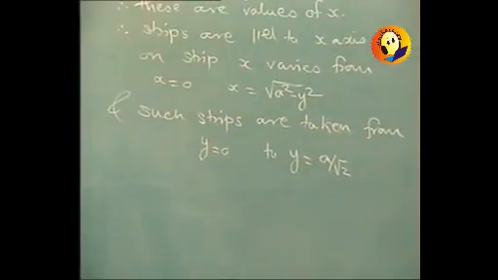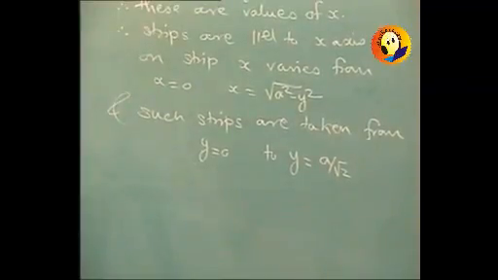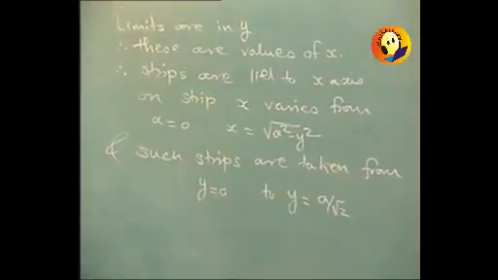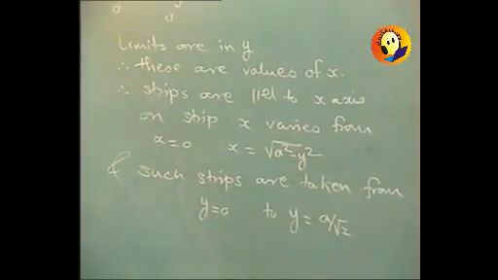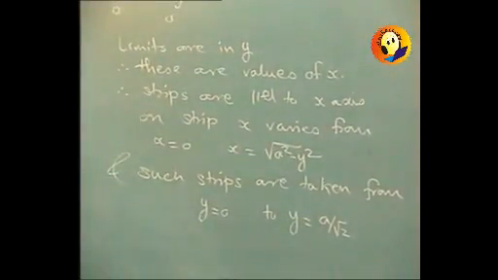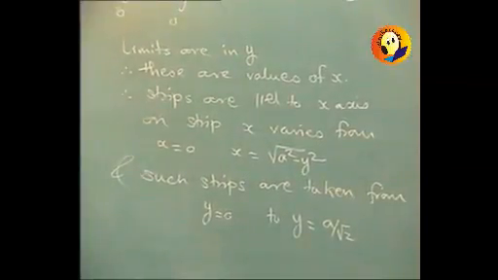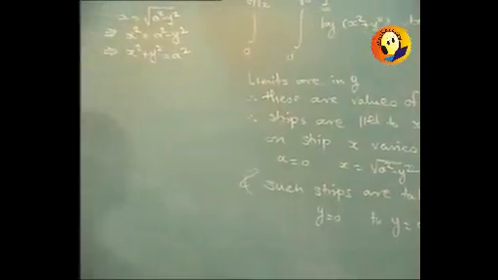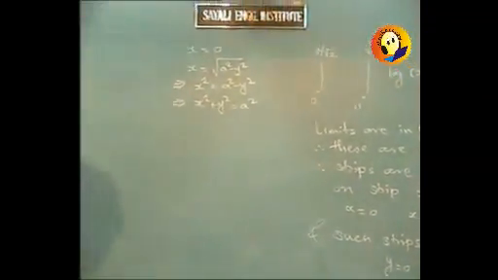So we are now required to draw the region of integration. The region of integration will comprise 4 curves: x equal to 0, x equal to under root of a square minus y square, which can be interpreted as x square equal to a square minus y square, that is nothing but x square plus y square equal to a square, which is a circle with center origin and radius a.